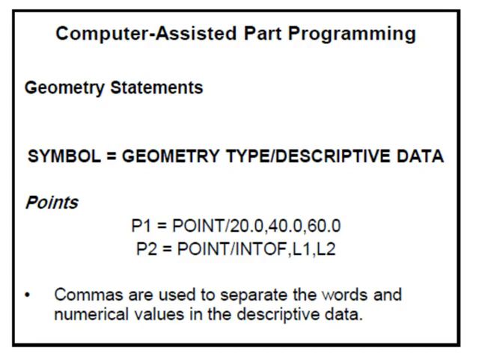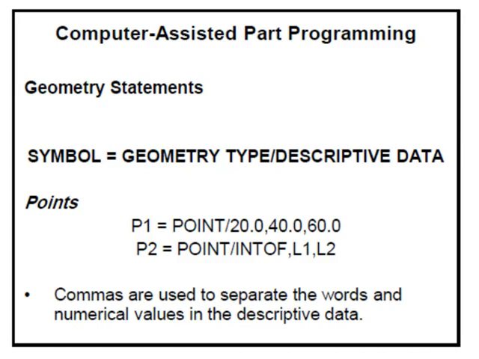For example, how to write P1: it is represented as symbol P1 is equal to the geometry type, point, slash, descriptive data 20, 40, 60. 20 represents the x-axis, 40 represents the y-axis, 60 represents the z-axis, and each of the words is separated with the help of commas.